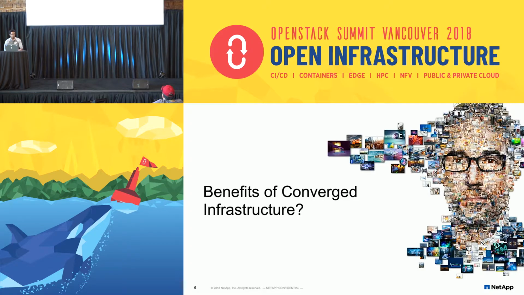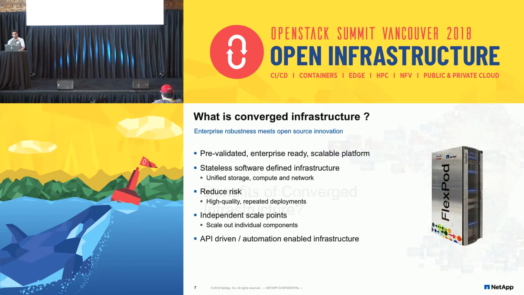Let's get into why we need a converged infrastructure. Like I mentioned, converged infrastructure is nothing but compute, network, and storage bundled together in a pre-validated form. One important thing to note is that each component in the FlexPod is individually scalable, so you can add more storage without adding more compute, or vice versa.